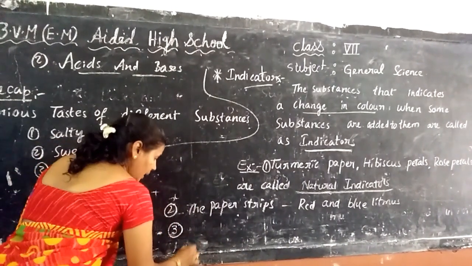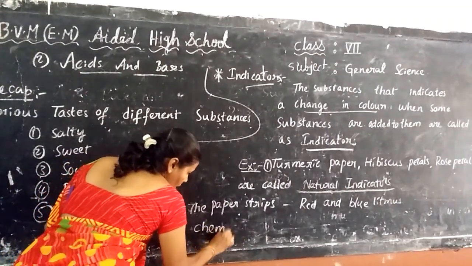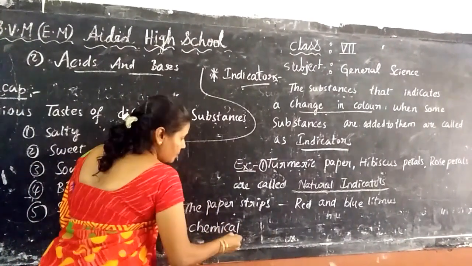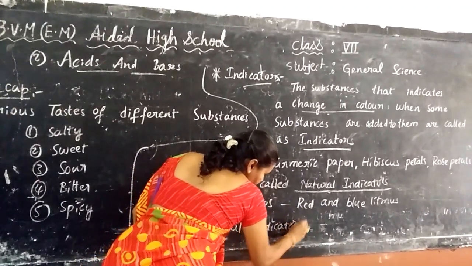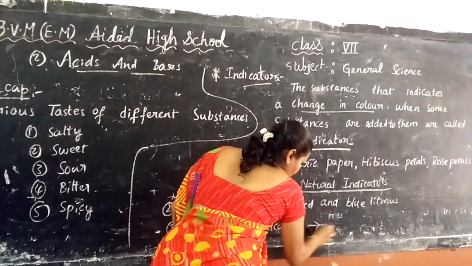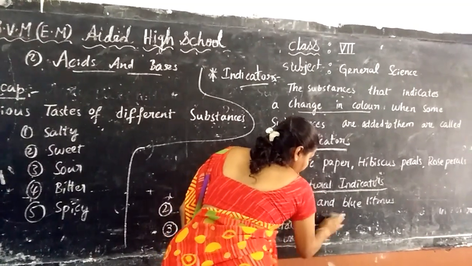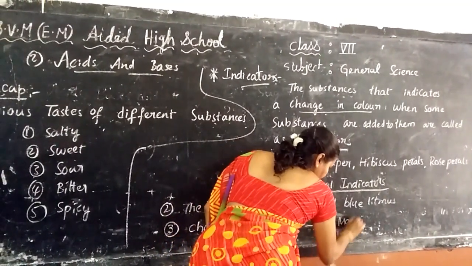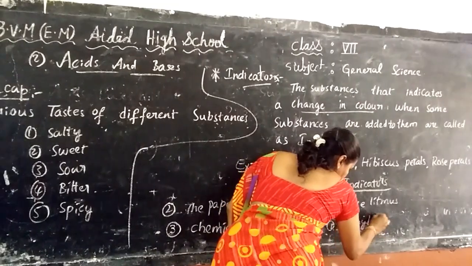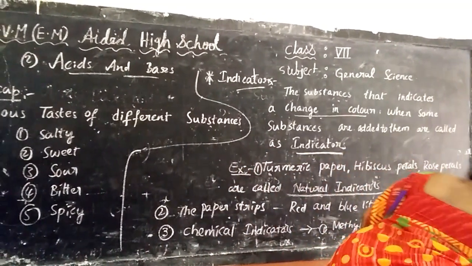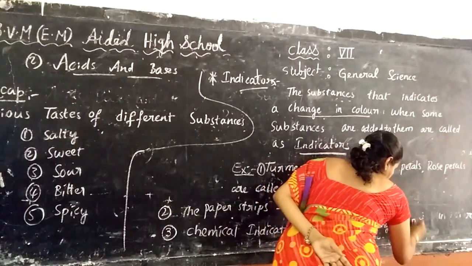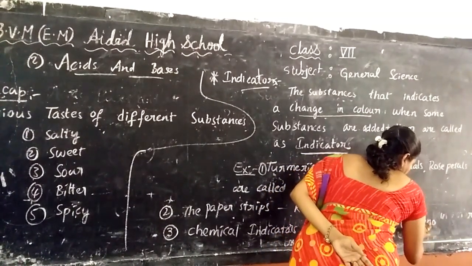Next, the third one. What are called chemical indicators? We have already discussed that two types of chemical indicators are there. What are they? The first one is methyl orange and the second one is phenolphthalein solution.